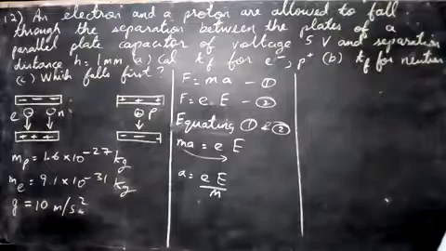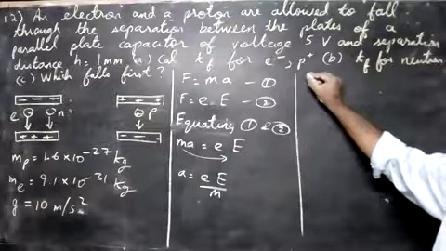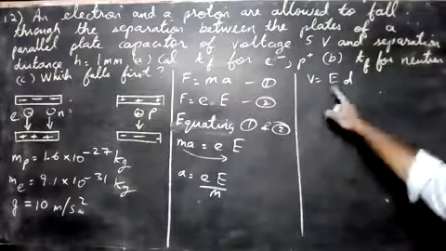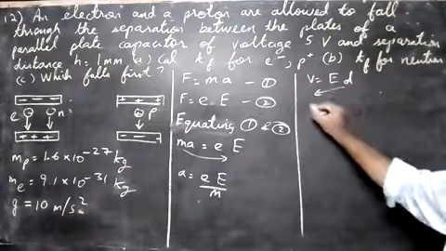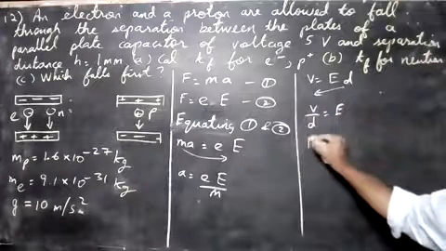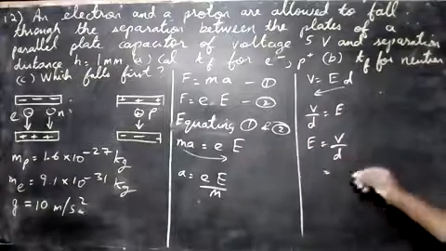For the electric field, we know the formula V is equal to E into d, electric field into distance. From this, bring d down: V by d is equal to E, so electric field E is equal to V by d. What will be the value of the voltage?